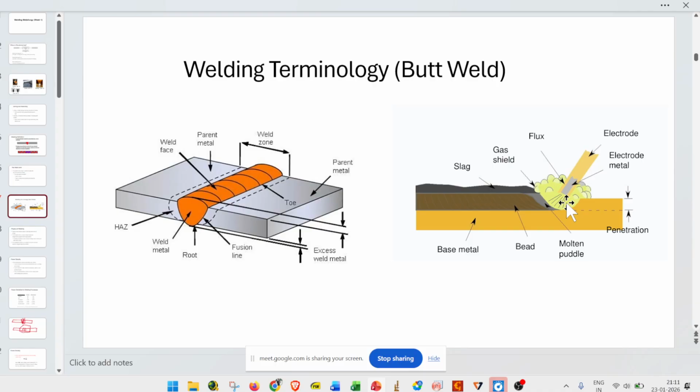Okay, so one thing we have to consider in arc welding is that we must provide a sealing environment, so that the molten metal will not get oxidized. So in the SMAW case, we are providing the flux through which the shielding environment is generated.